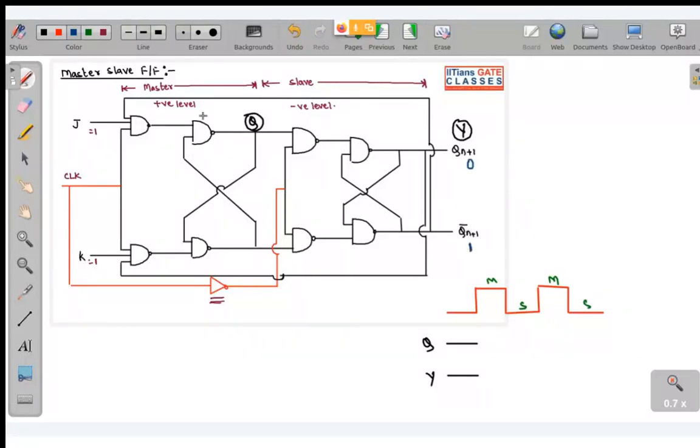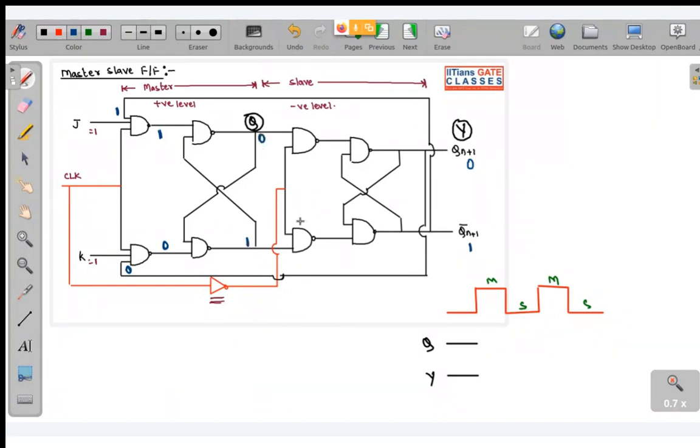This 1 will be feedbacked over here, and this 0 is going to be feedbacked over here. So now all the inputs are 1 over here, so this is 1, this is 0. If this is 0, immediately this will become 1, and if this is 1, this will become 0.